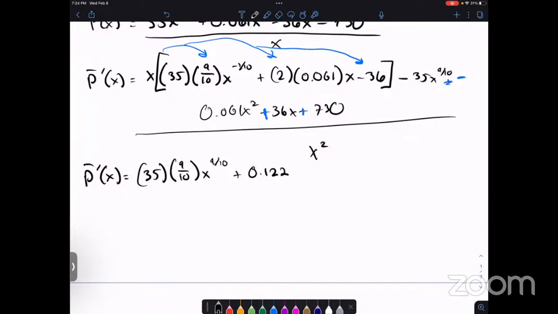And it's going to be what? X squared there. Minus 36x. Okay, so we got this minus 35 x to the 9/10.